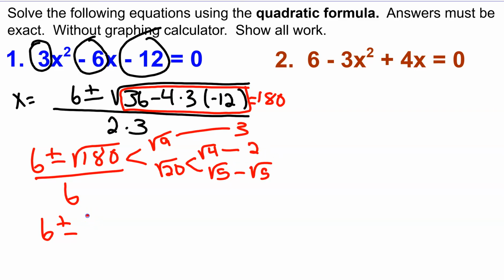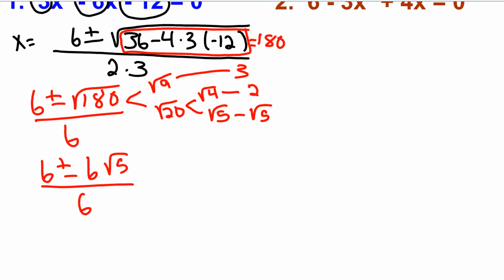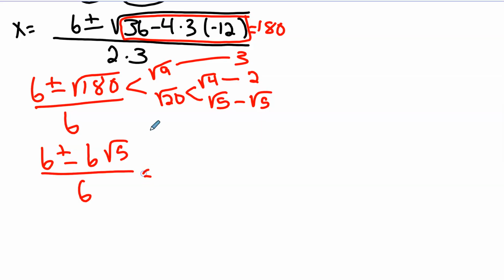So that's going to be 6 square root of 5 over 6. In order to reduce this, you have to have factors. So I'm going to factor out a GCF of 6 on the top. When I do that, I'm left with 6 times 1 is 6, plus or minus 6 times the square root of 5. If you distributed that back in, you should get the original.